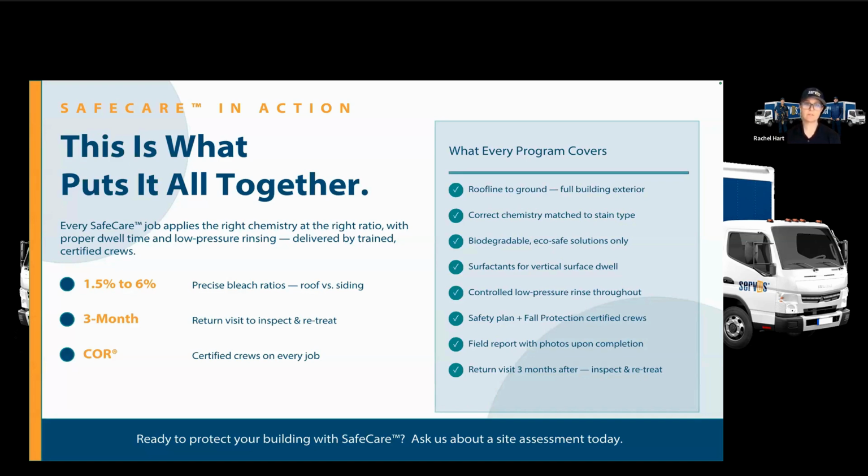Everybody asks, what happens if it does this right away? And we're relying on our chemistry so we're not finding ourselves returning and having to deal with all of these issues. And so that educational piece on how to use what chemistry on what surface and how that's going to benefit the building is really key. So when we really get down to it, I think we've touched on all the different components of what the strata is really looking for.